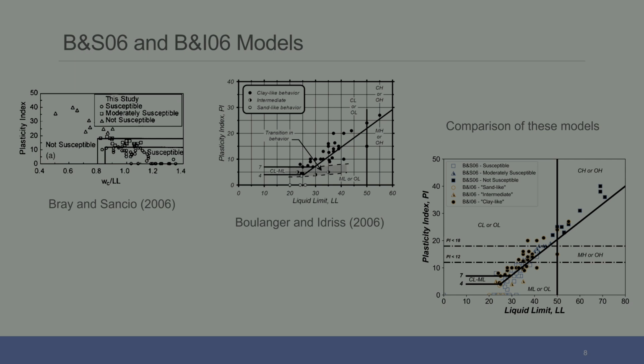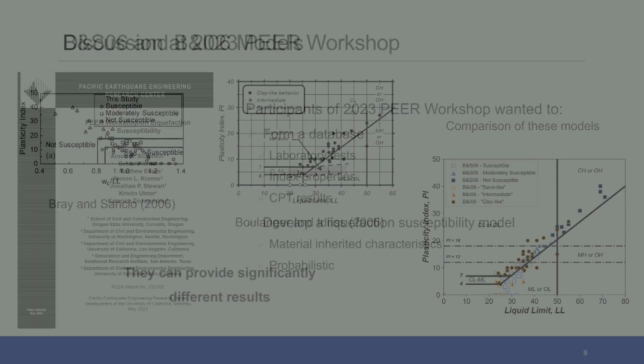You can see the comparison of these models in liquid limit and plasticity index here, but we should note that Bray and Sancio was using water content over liquid limit in their criteria, so this criteria depends on a certain exceedance of water content over liquid limit. If we check a particular PI value based on these two models, they can yield significantly different results. That is the reason we will go into detail of that in our illustrative example.